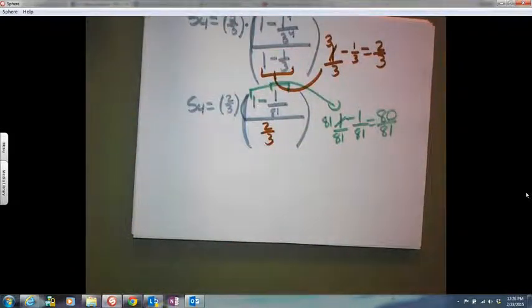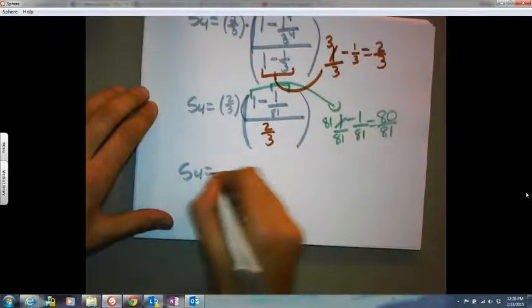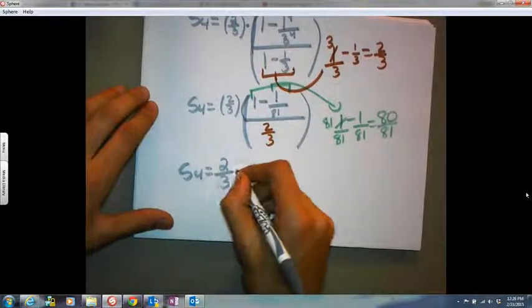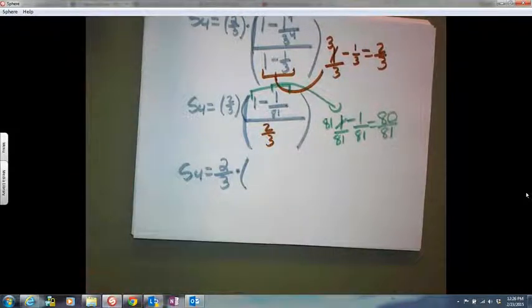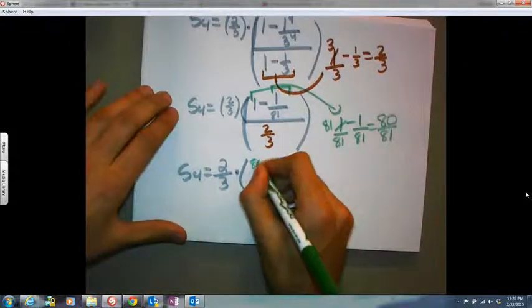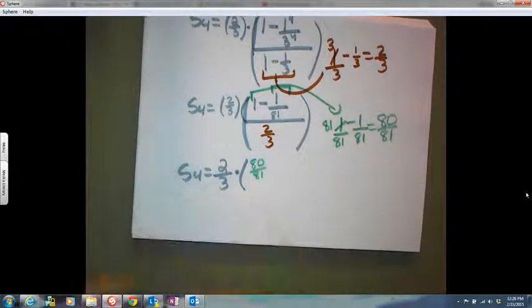So let's rewrite what we have. S sub 4 equals 2/3 times 80 over 81 divided by 2 over 3.